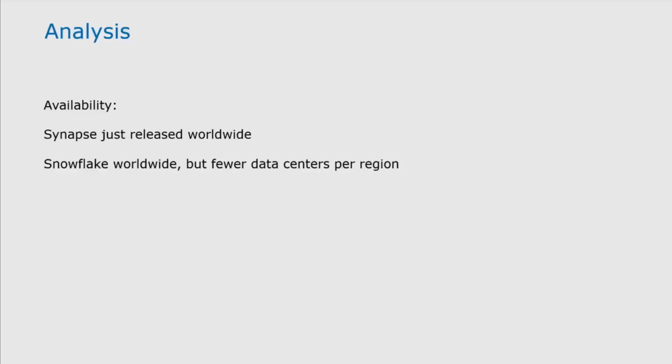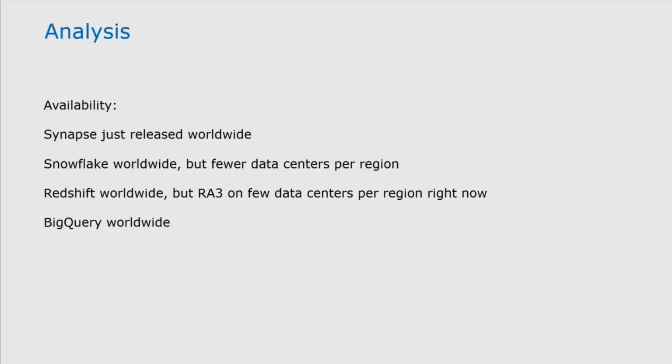There are a few data centers per region, basically connected to the main hubs where all three cloud providers rent data center space within the same pool, or same center. Redshift is also available worldwide, but the latest and greatest version, RA3, is only available in a few data centers within each region. I think it's Western Europe, parts of the US, and a few other places. BigQuery is available worldwide within each of the data centers that are in the Google Cloud.